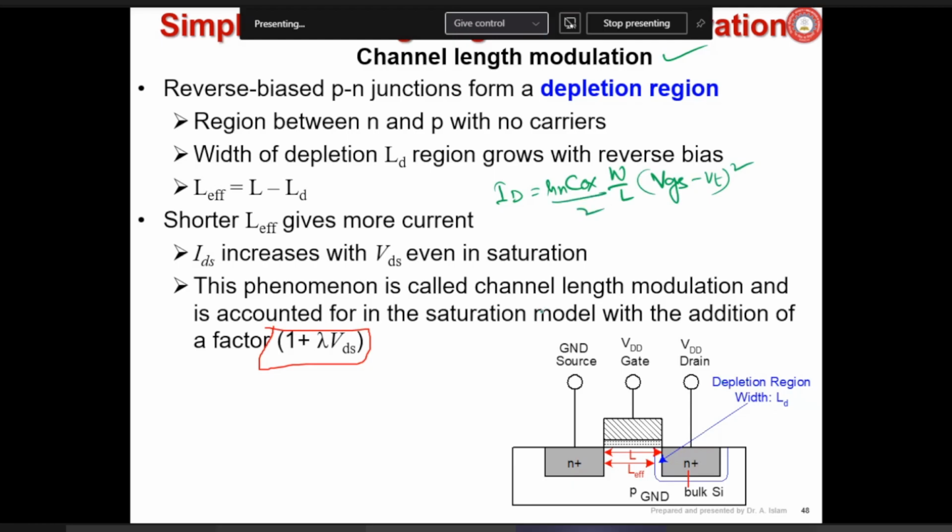Now L equals L_effective equals L minus delta L, for example, where delta L is the depletion layer width around the N plus region on the drain side, from here to here. Tell me now what will happen to the current? It will increase, right?